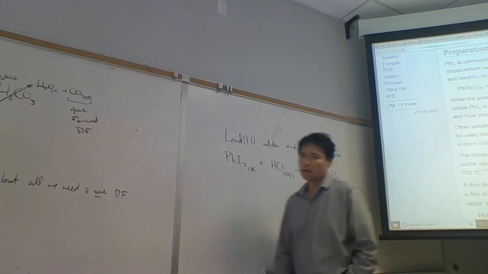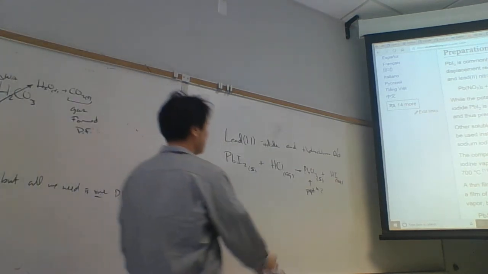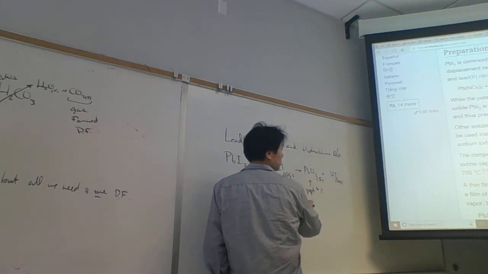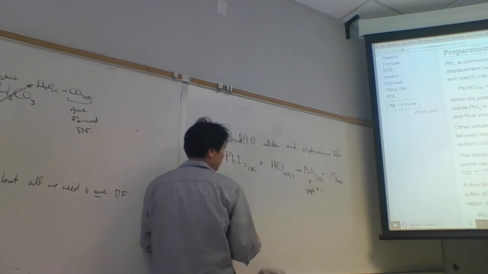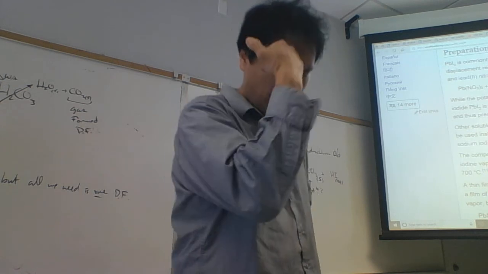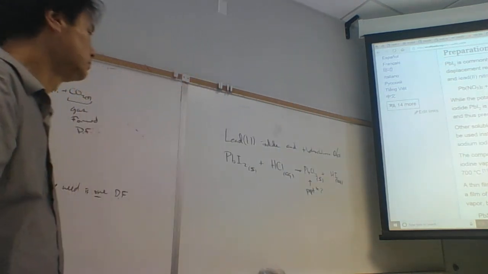And so we saw that the melting point of PbCl2 is 500, so this has a higher melting point. However, the solubility is much higher. If you see that, then it requires more data and more study. We've got to figure out what's going on.